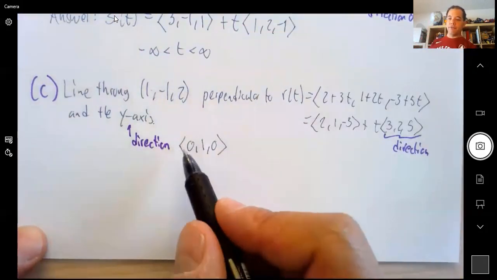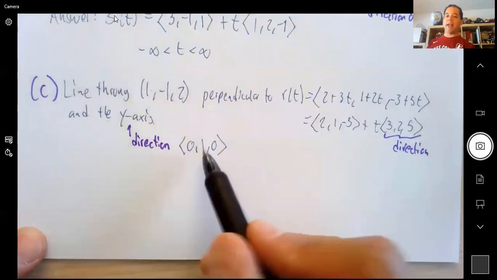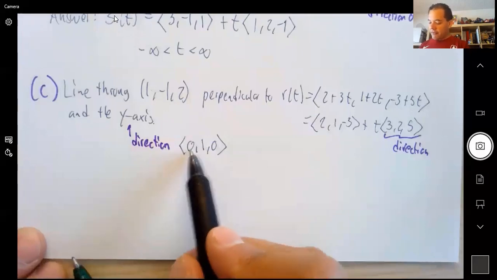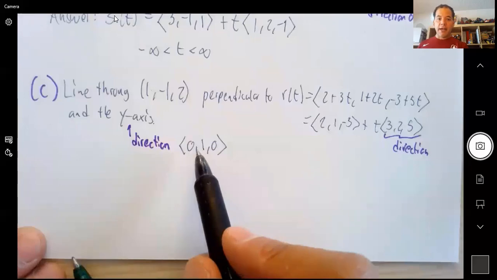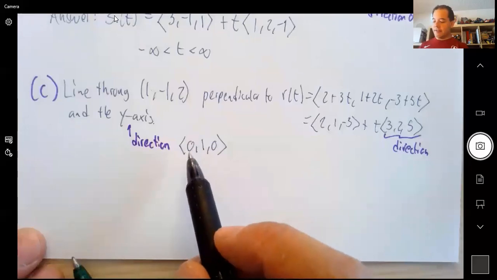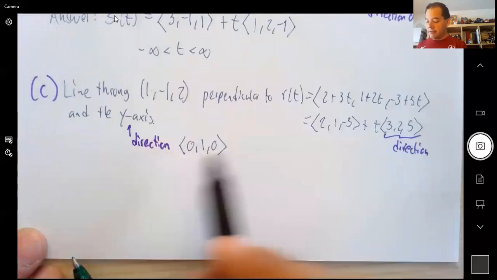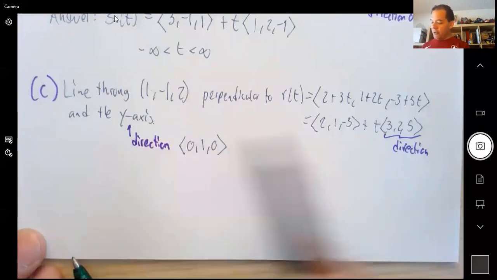It could be (0, 24, 0), or (0, 7, 0), whatever number, but I like 1. 1 is the easiest, right? Because there's nothing in the x, nothing in the z, only in the y. That's the y-axis. Had we had the x-axis instead, it would be (1, 0, 0). If you wanted the z-axis, it would be (0, 0, 1). Is that clear?